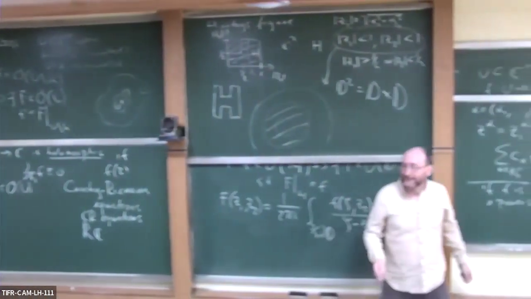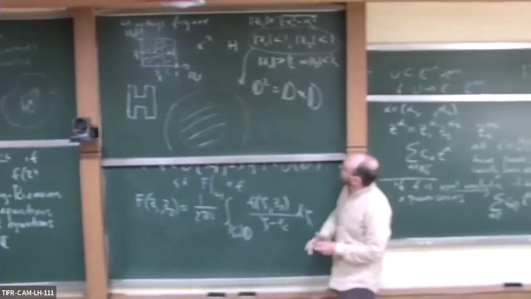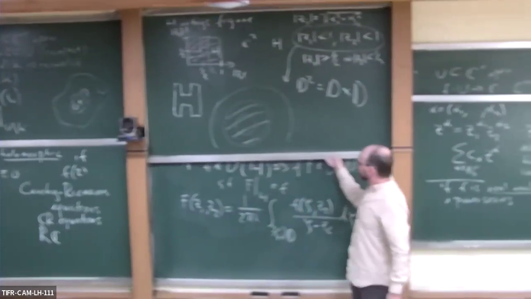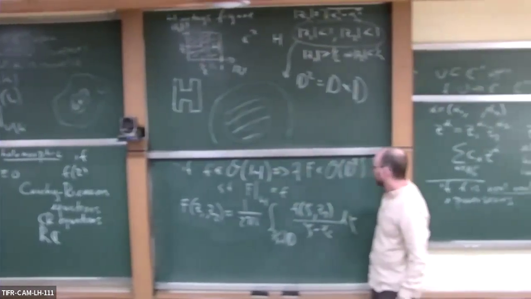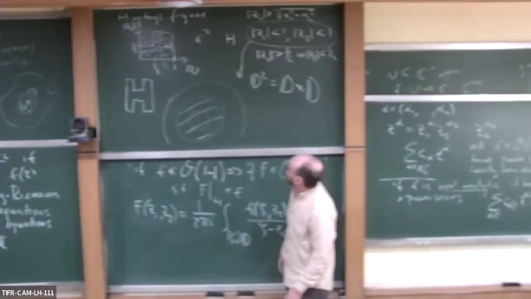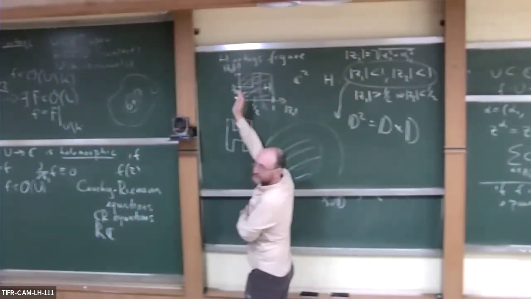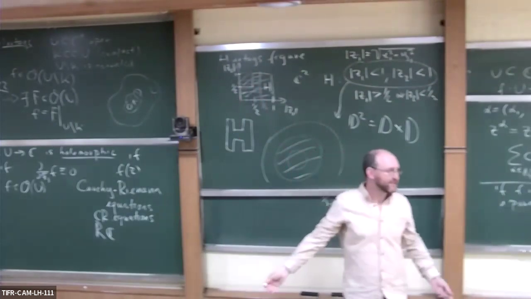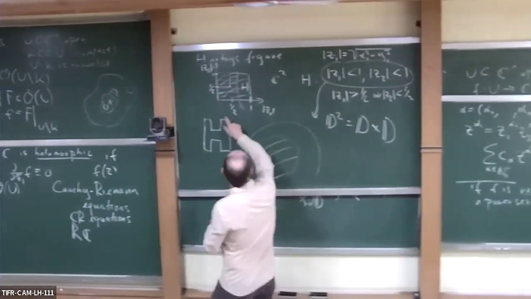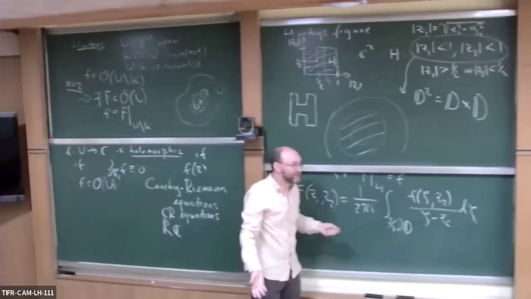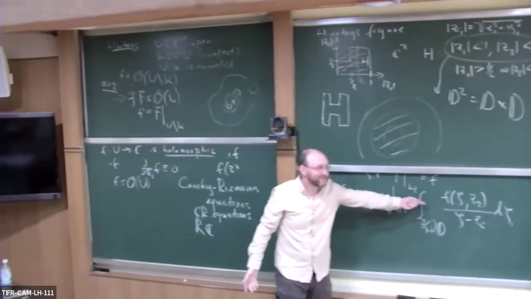Now, why does that work? And this is really the key thing: normally you can write this formula even if the function was not defined all the way down here, right? Makes perfect sense, but then you're just going to get some function. It's not going to be equal to little f, right?